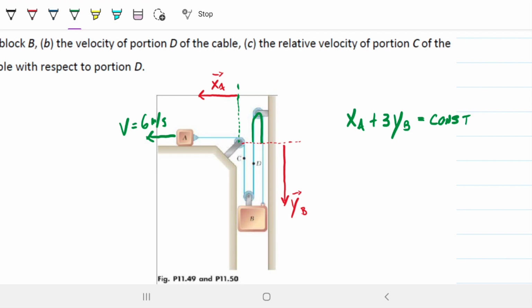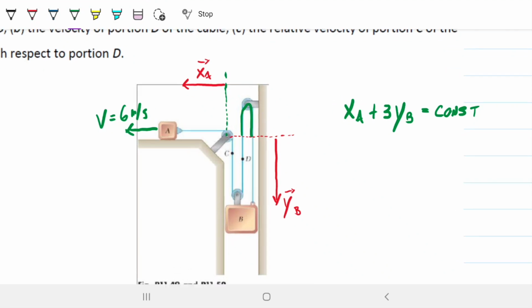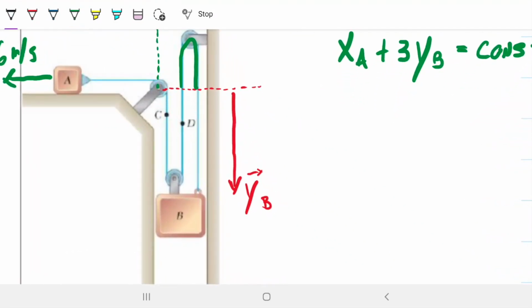What else? Let me zoom in. If I create another vector, which is from my system to C, so it'll be a vector like this, and I'll call that YC, then I can create another equation relating the distance of the rope from here to here. That's also going to be a constant.